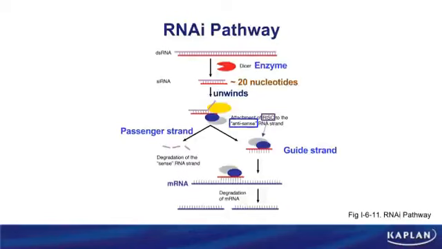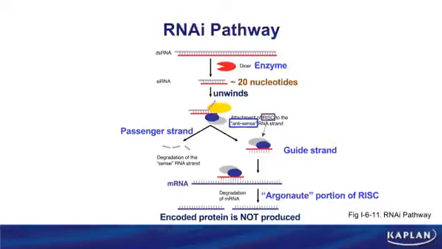And then in the RISC, there's a protein called Argonaute. The Argonaute portion of the RISC will then degrade the messenger RNA by nuclease action, and when the messenger RNA is degraded, the encoded protein cannot be made, and therefore you're downregulating gene expression.